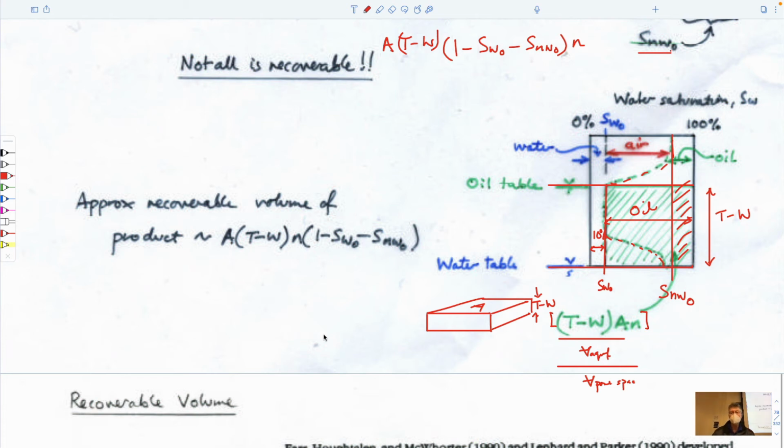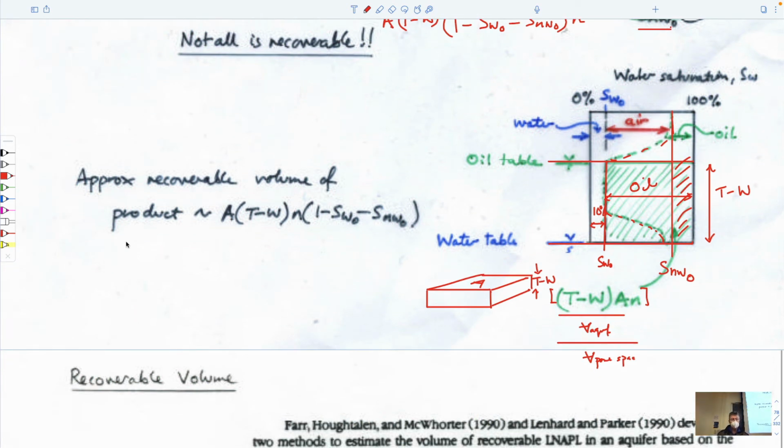I'm going too slow again. So if you remember, these things start looking like the capillary pressure versus saturation curves. You might remember that we took the capillary pressure saturation curves, and we'll revisit this. And so we had capillary pressure versus saturation, and the curves looked like this.